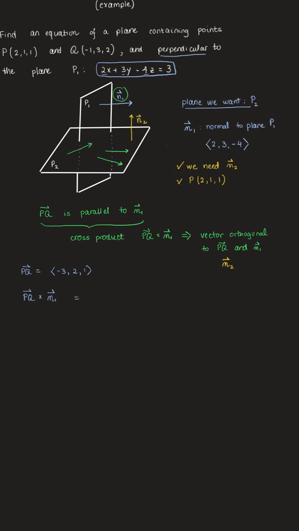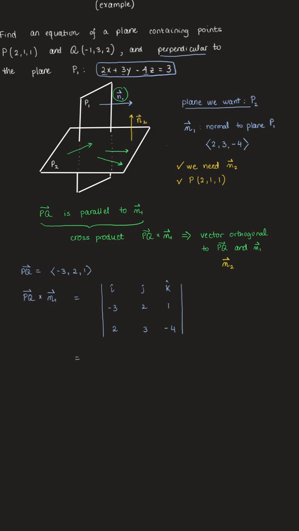So the cross product, so that we can generate the normal to the plane that we're looking for, will be as follows. So ijk along the first row, PQ is negative 3, 2, and 1, and the normal from P1, from our original plane, has components 2, 3, negative 4.